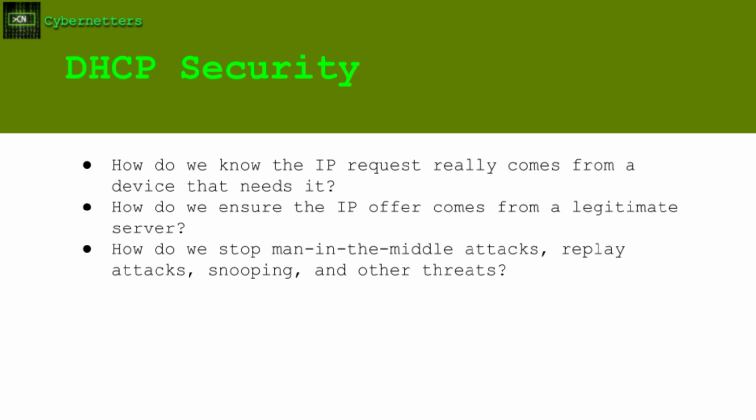Some environments also use 802.1X for port-based authentication to ensure that only trusted devices connect in the first place. Most importantly, you want to validate both the client and server before handing out IP addresses or accepting them, or else you could risk someone injecting fake IP settings and hijacking your network traffic.